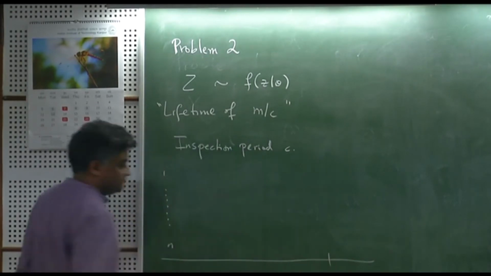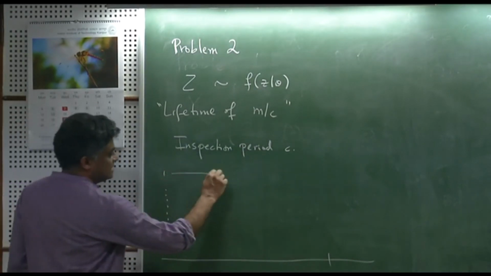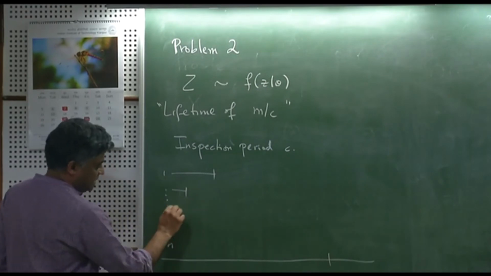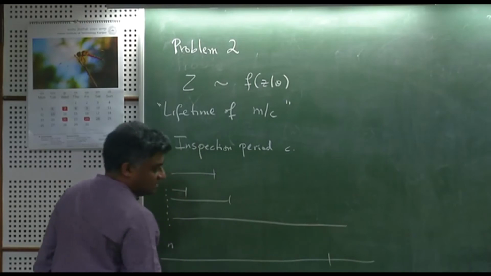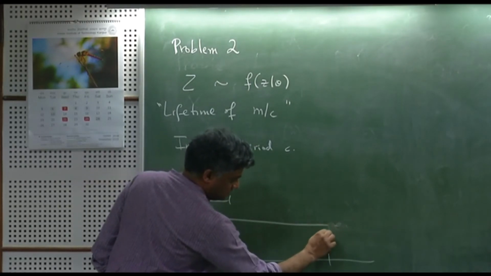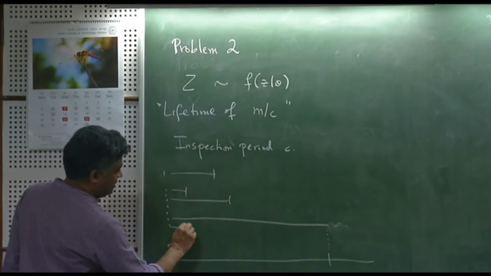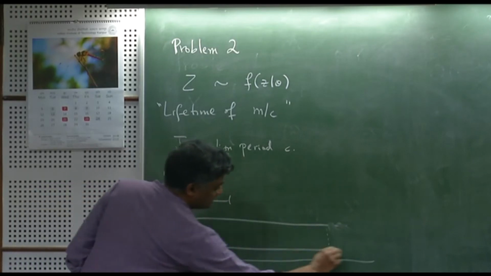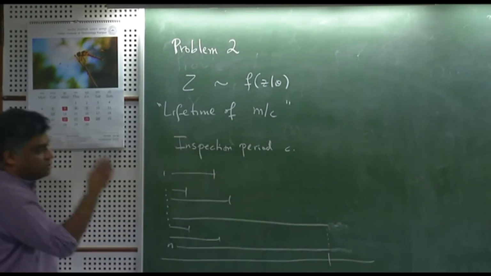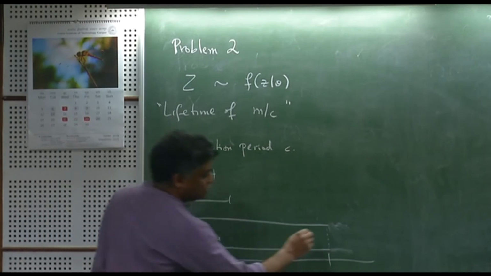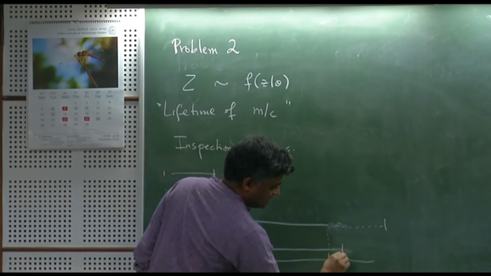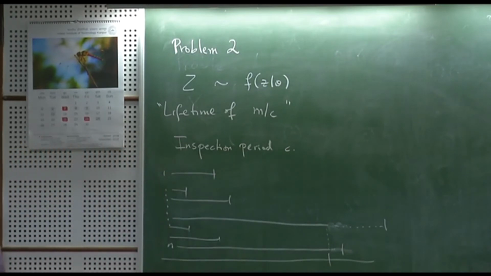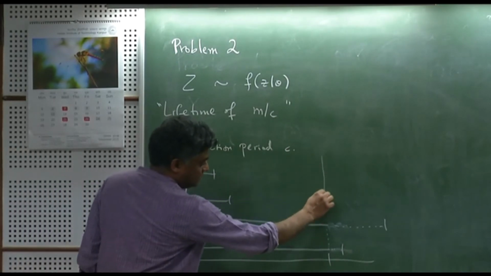Here's my time C. The first machine dies somewhere here, the second machine dies there, the third machine dies there, the fourth doesn't die. The fifth dies, the sixth dies, the seventh doesn't die. Now that's the story, because it actually dies somewhere over there. This one dies somewhere over here. But I stopped looking at the machines over here.